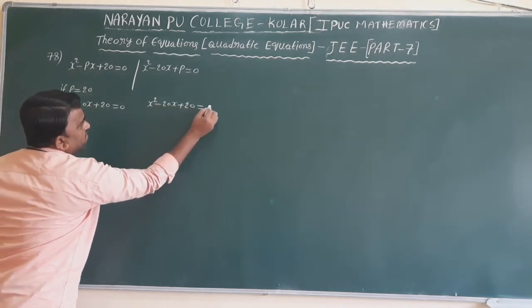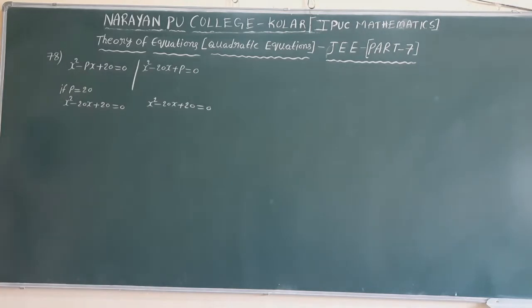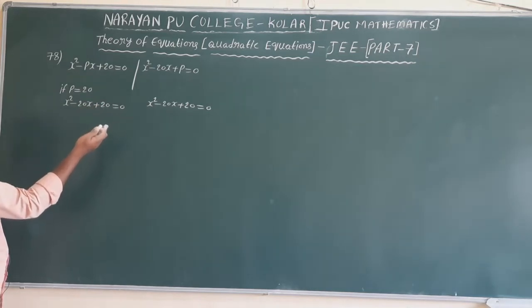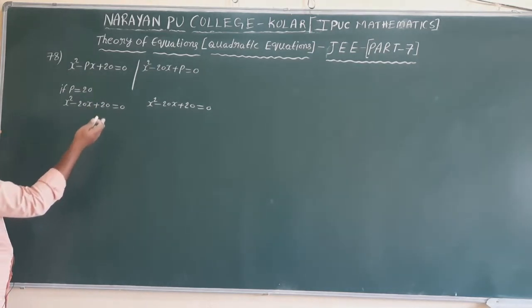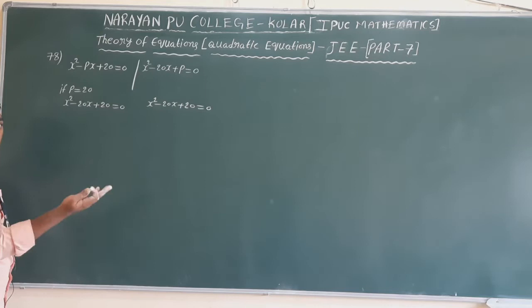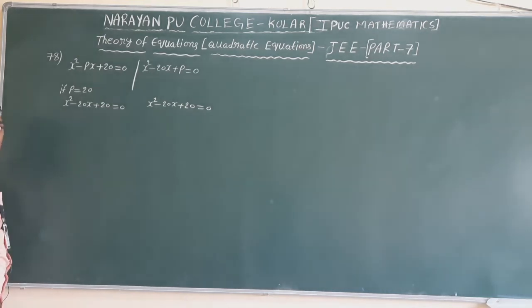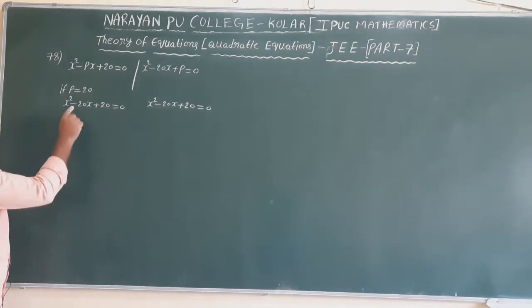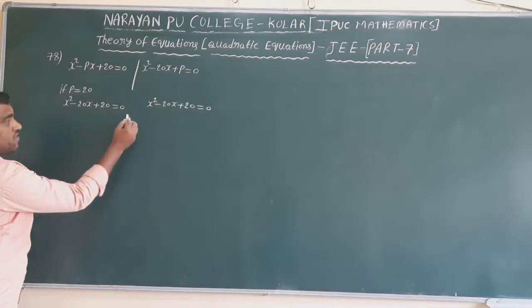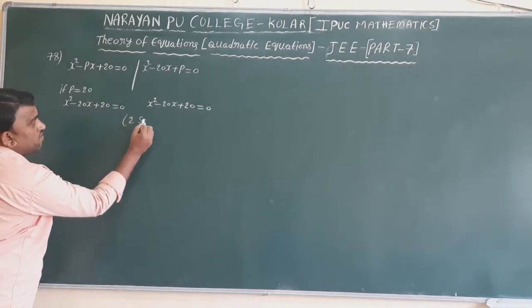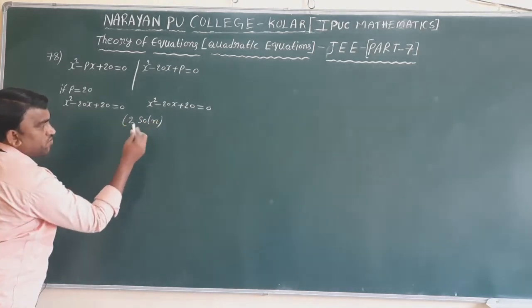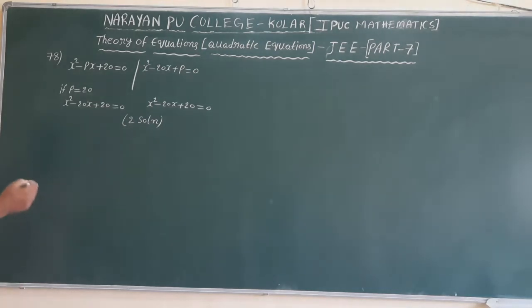If you observe, both the quadratic equations are the same. So after calculating the solution, x equal to minus b plus or minus square root of b square minus 4ac, if you apply it, how many solutions can we get? 2 solutions. It is a quadratic equation. So while simplifying this, 2 solutions we can get. So we don't want those solutions. Why? Because it's asking for the number of solutions.